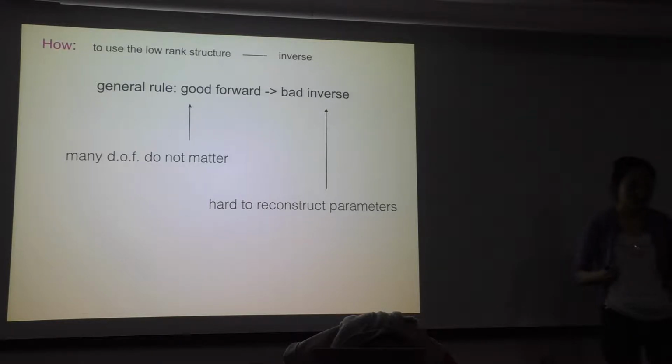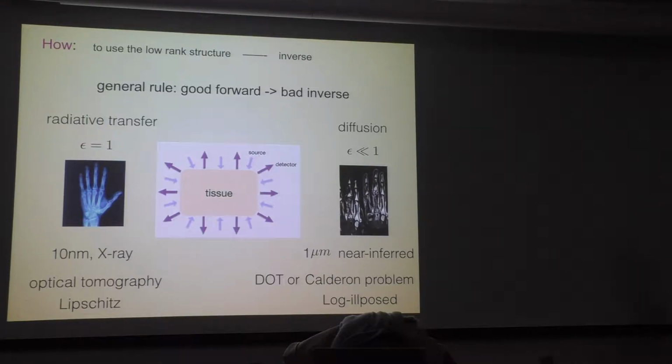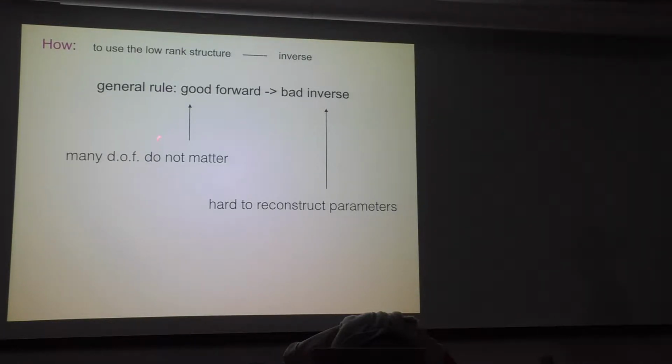A good problem means you have a little perturbation in your initial data and you put it in your system, and after all, you don't have much perturbation in your final solution. But in the inverse setting, if you have two different initial conditions that give you the same final data, that basically means tracing back to your initial data is very hard. So in this sense, a good forward problem means lots of degrees of freedom do not matter.